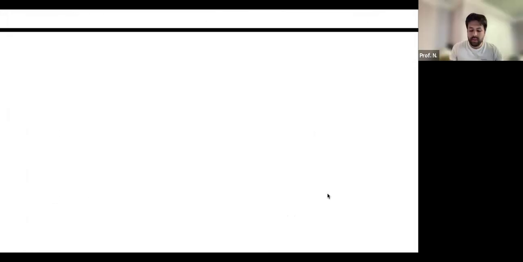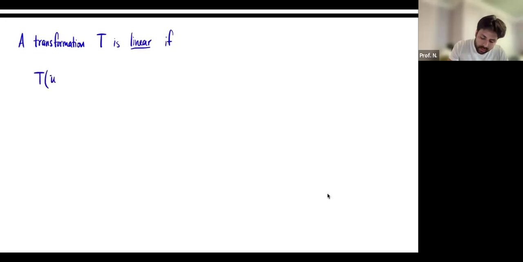So let's be very clear. The transformation T is linear if T of U plus V equals T of U plus T of V.